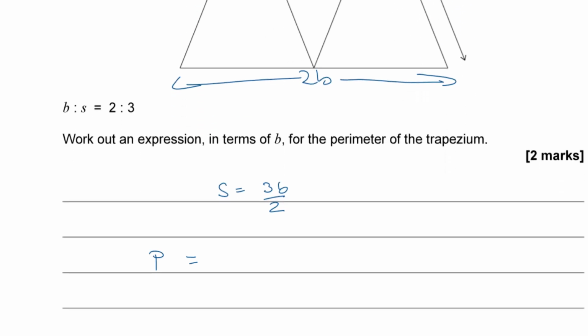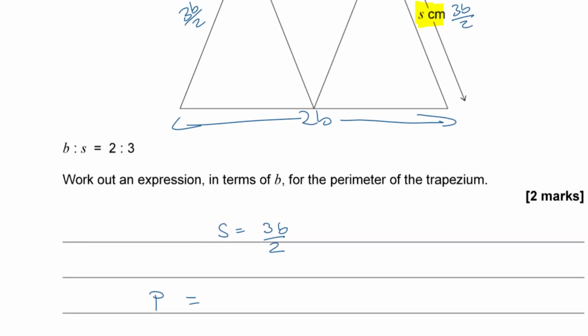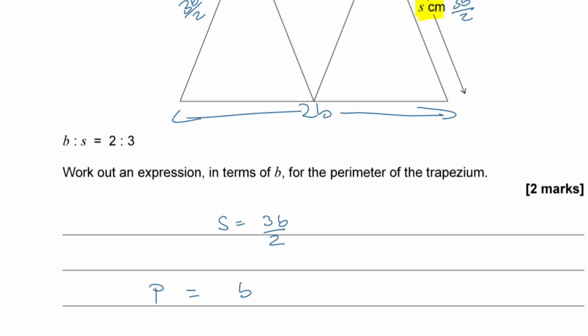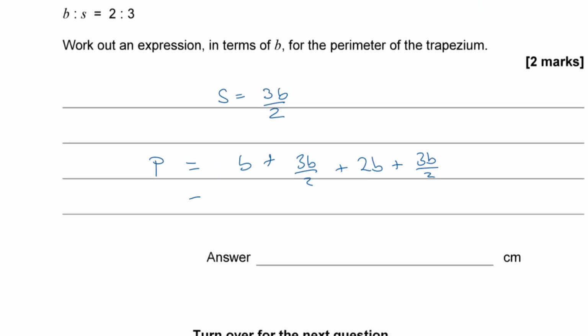So my perimeter is going to be my top line b plus my s, which we worked out to be 3b over 2, plus the baseline, which is 2b, plus the other slanty line, which is another 3b over 2. Okay, now 3b over 2 plus 3b over 2, so they're two halves of the same thing, aren't they? So that's going to give me 3b. So 3b plus 2b plus b is going to give me 6b altogether. So p is equal to 6b.